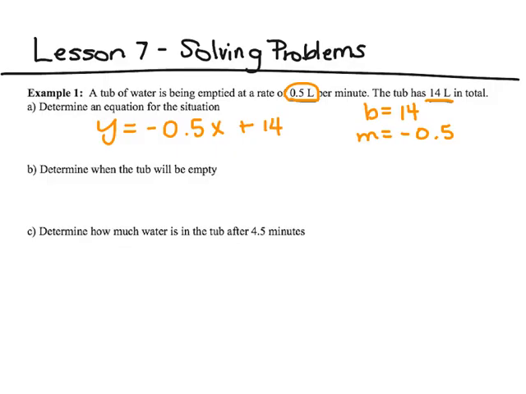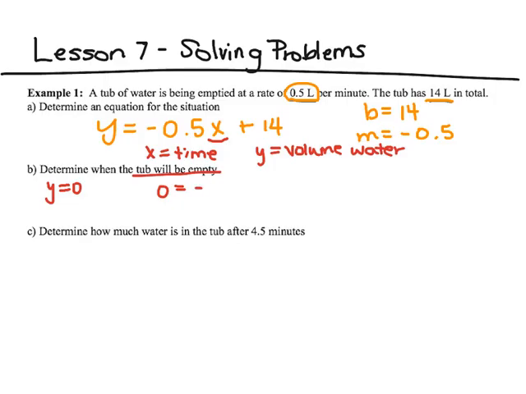We want to figure out when the tub is empty. Our x is representing the time, and it is our independent variable, and the y is showing how much volume of water is in the tub. If we want to figure out when it's 0, we want to find when y is equal to 0.